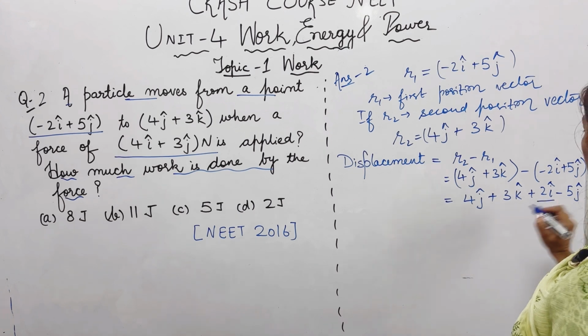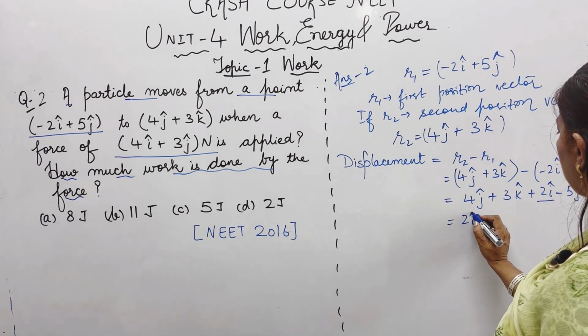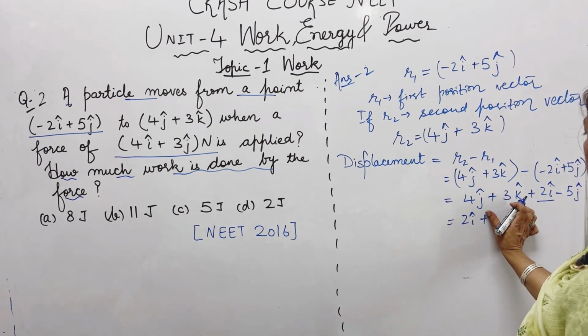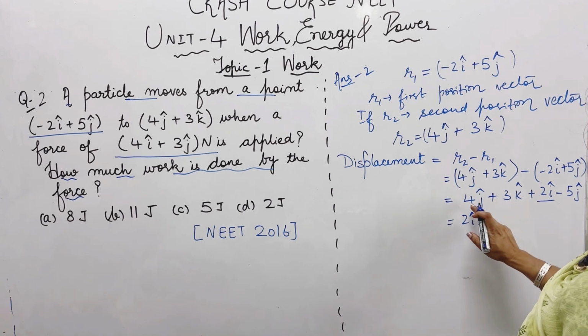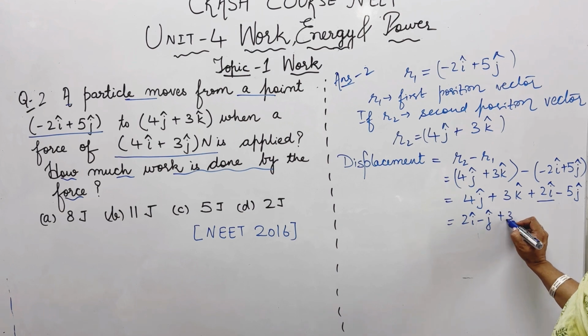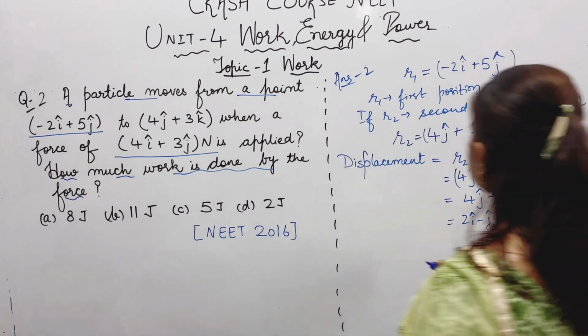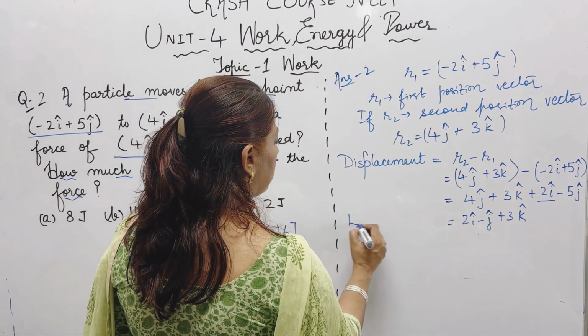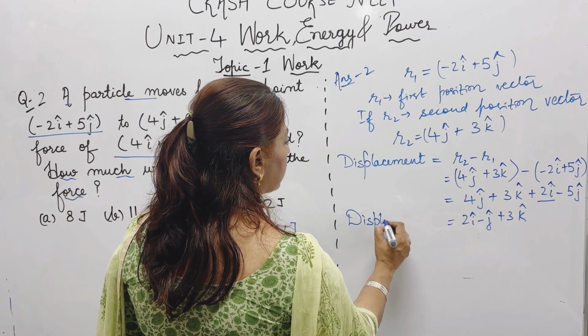So rearranging, 2i cap, minus j cap, 4j minus 5. So this is minus j cap plus 3k cap. So this is the displacement we calculated.